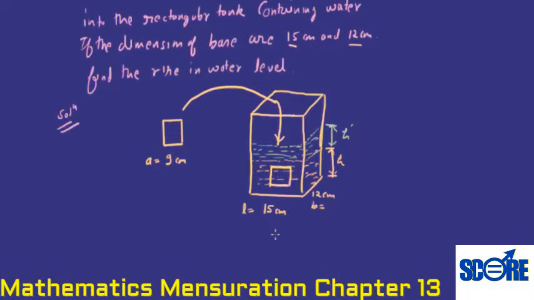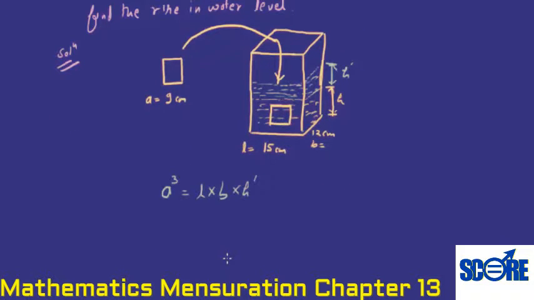So we can say that the volume of the cube is equal to the volume of this portion of a cuboid. So this portion is nothing but a cuboid having length 15, breadth 12, and height h dash, that is the increase in the level.